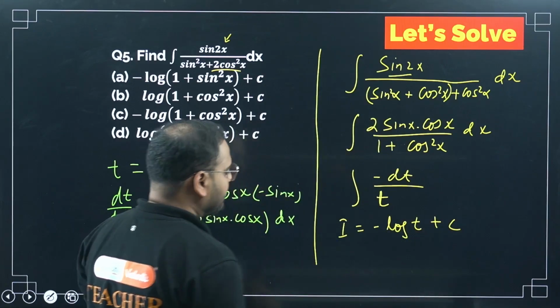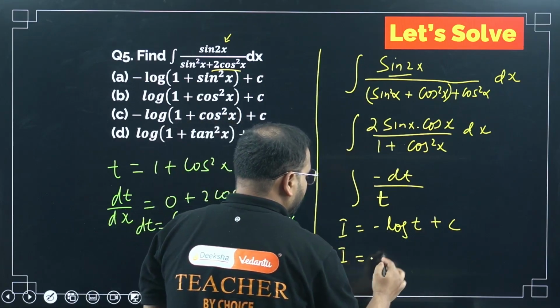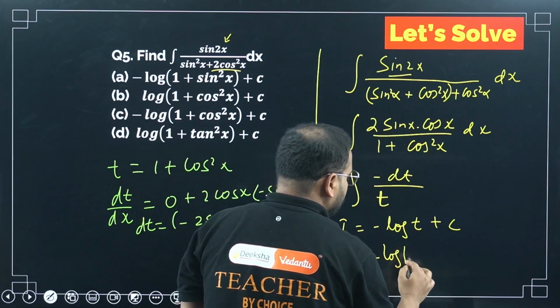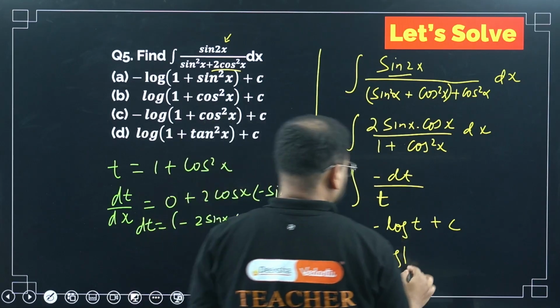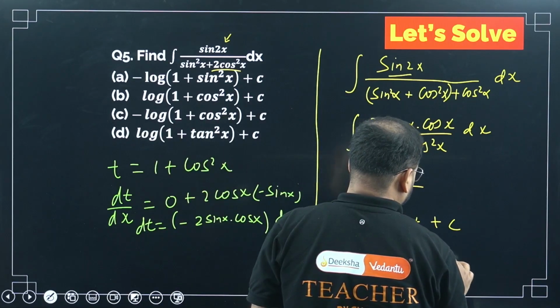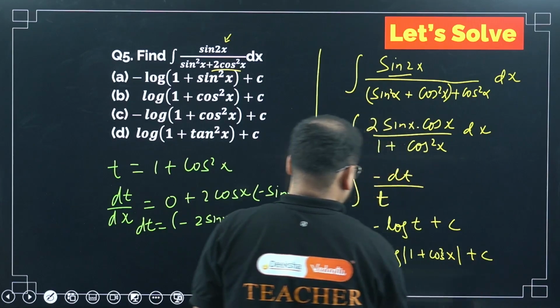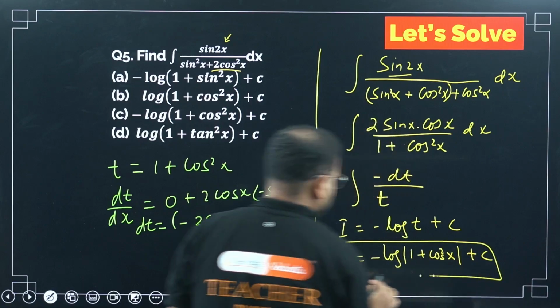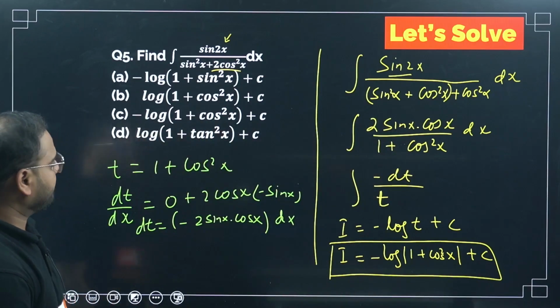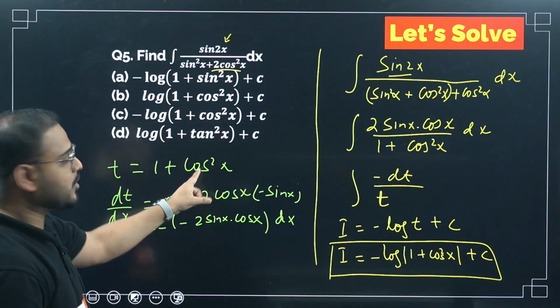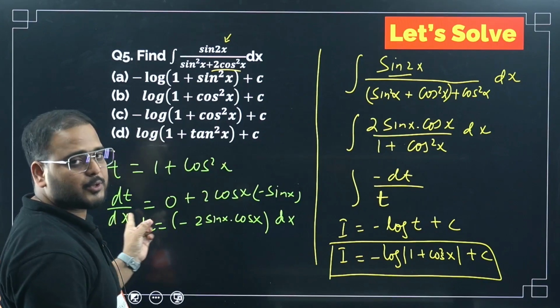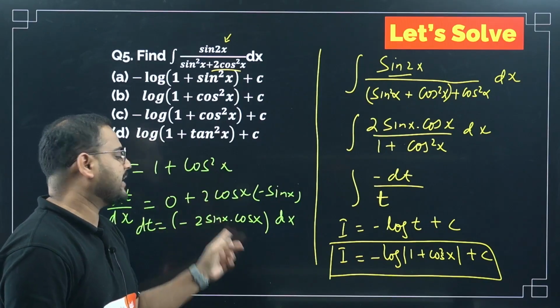So I equals to what? Minus log of, what is my t value? 1 plus cos square x. Please have a look. I've taken t like this, 1 plus cos square x. Differentiation with respect to x gives minus 2 sin x cos x.